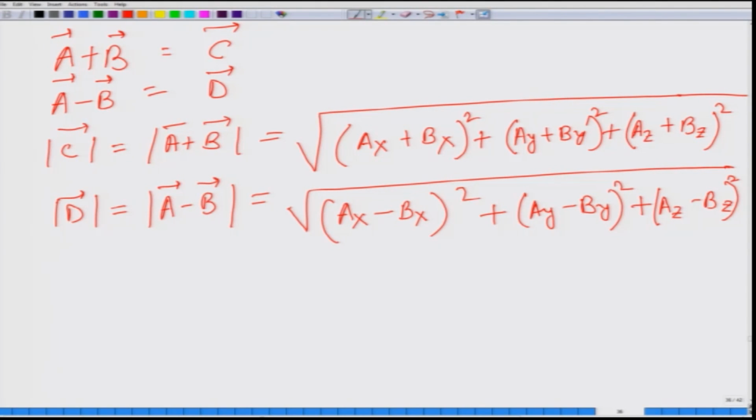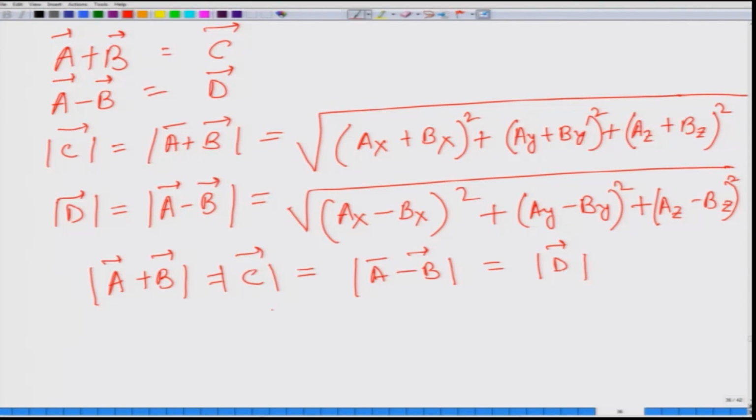In the given question, we can see magnitude of A plus B, equal to C, equals magnitude of A minus B, equal to D, right. So these two are equal.